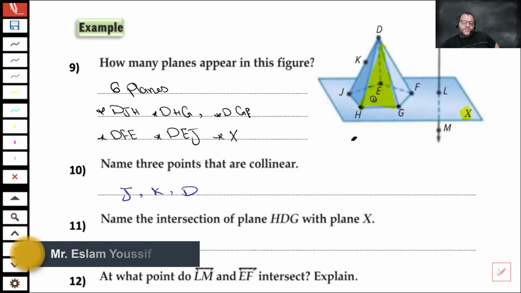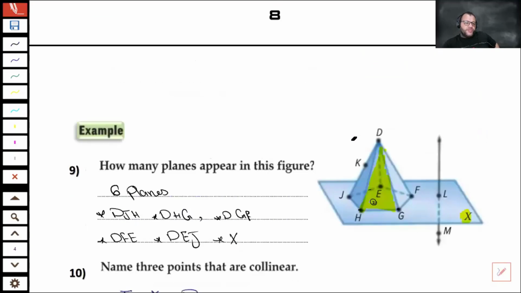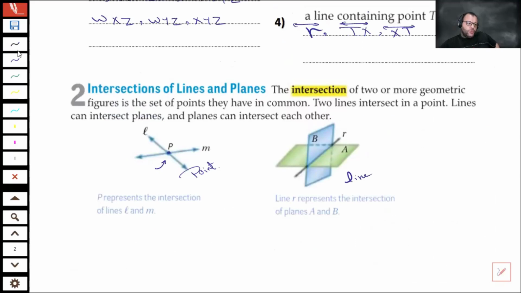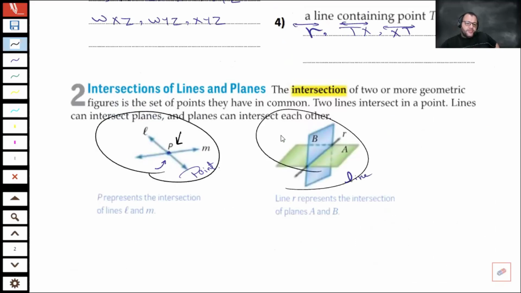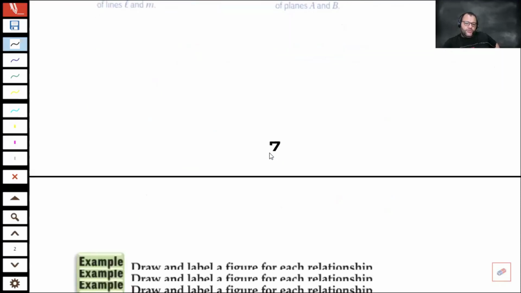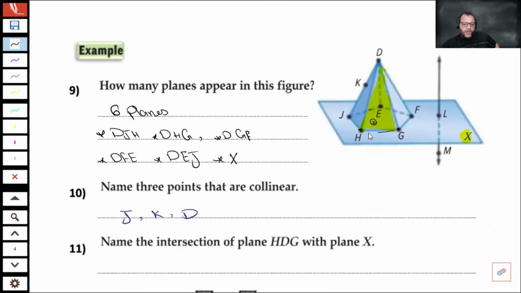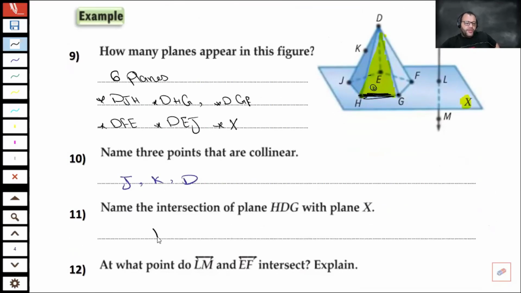We said before, if you remember, the intersection of two lines is a point. The intersection of two planes is a line. So now we have two planes, and they will intersect at one line, HG. So the intersection of the two planes will be the line HG.